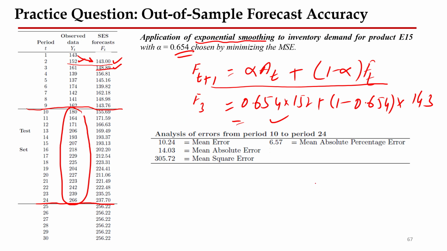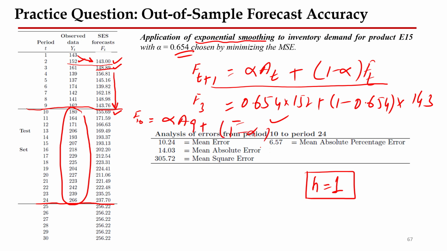I am going to take the planning horizon equal to 1 and forecast every next time period, then calculate the forecast error. Once we have forecasted till time period 9, to predict F10 the formula is alpha A9 plus 1 minus alpha F9. So we get this value.